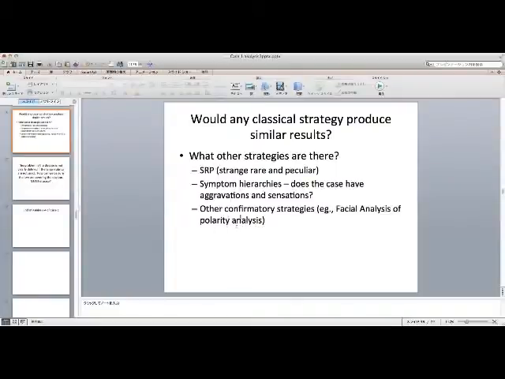I don't know too much about this, but both of these seem to be confirmatory strategies. This one is a way of analyzing the value of remedies and the symptoms that are used. And this is a very, very different kind of miasmatic analysis.